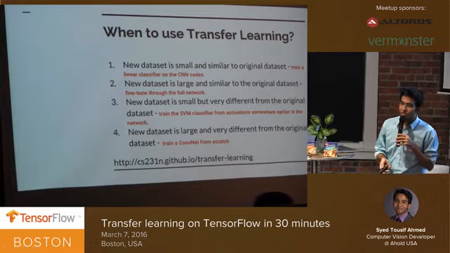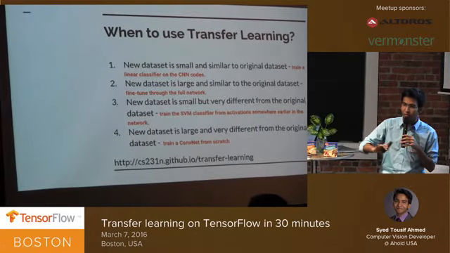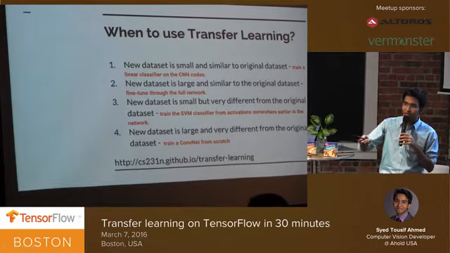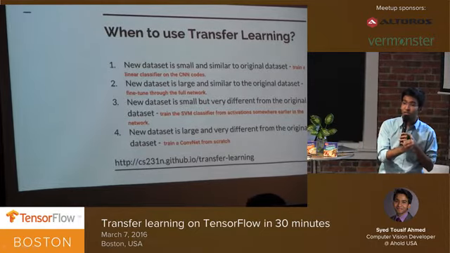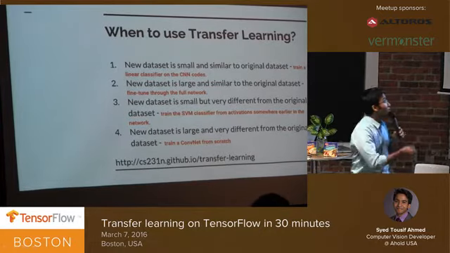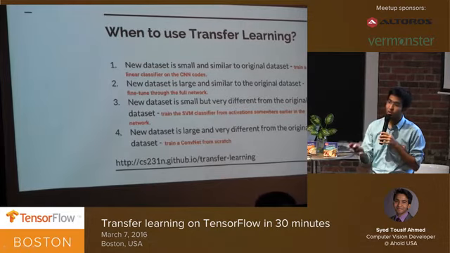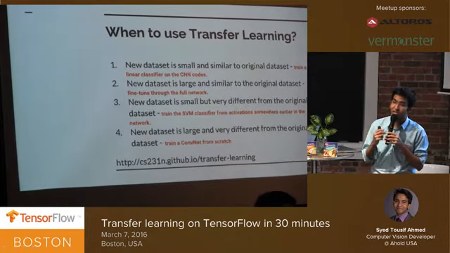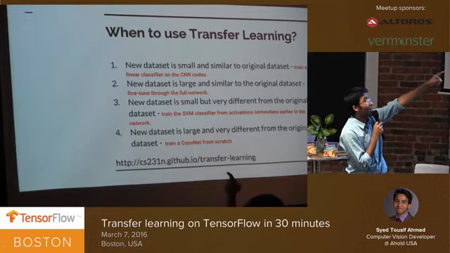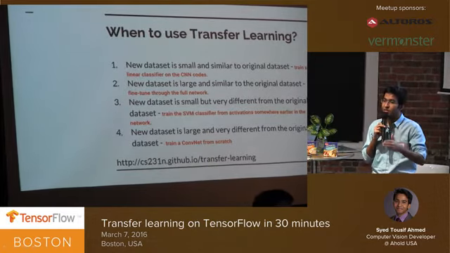So if you find that you are training on an object which is not in the original Google classes, rather than only training the last layer, you should probably go back to the earlier layers. For instance, there is this layer called the SVM layer, and you should probably start training from there.